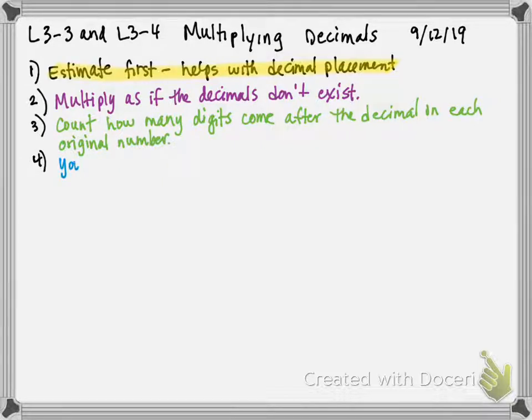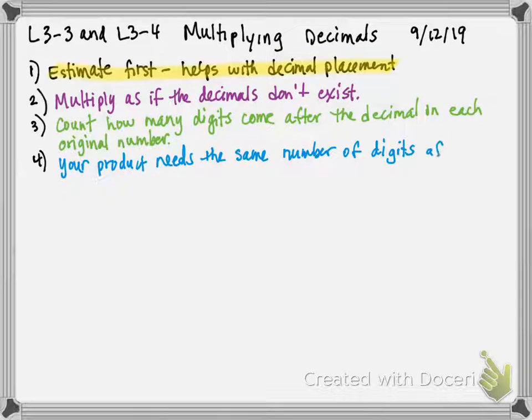So your answer, or your product, needs the same number of digits after the decimal as you counted in step 3.